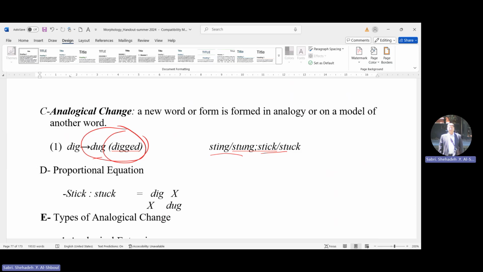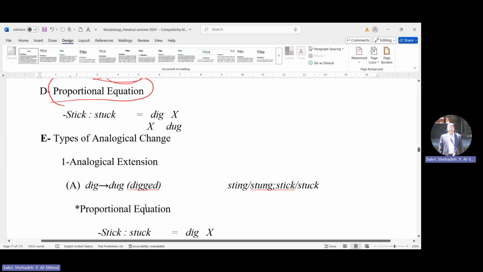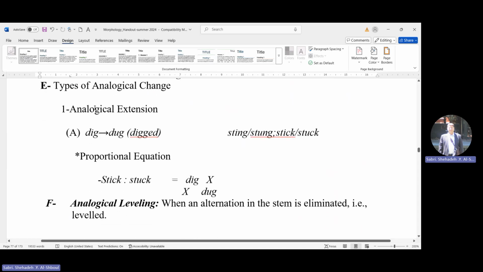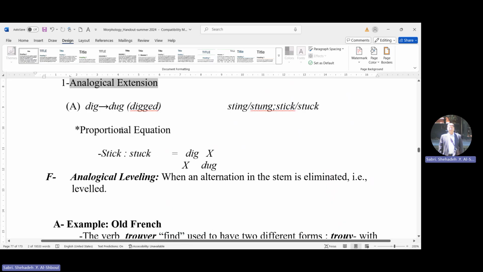This comes through the so-called proportional analogy, which comes through the formulation of a rule like stick, stack, dig, dug, and so on and so forth. This can be represented in the so-called analogical extension.